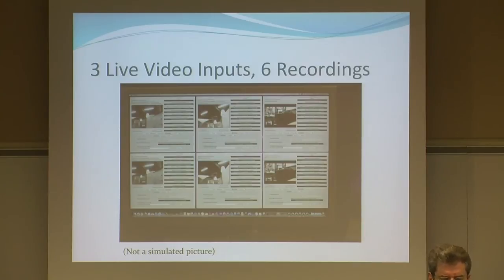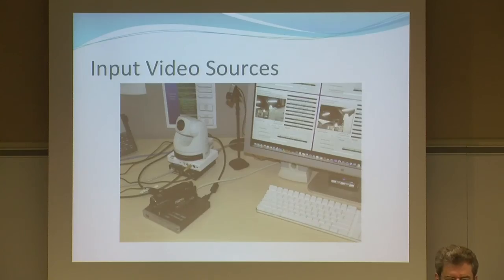So here we have 6 instances of AT Capture recording video and audio in real time. And these are the cameras that are used to do that. The white one, if you notice below it, that's a Canopus box. The camera only puts out standard composite video, or standard video. So we need a way of getting it into the computer, so that Canopus analog to digital video takes that video and tosses it onto a FireWire line.